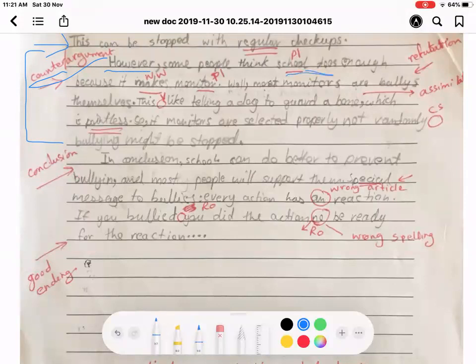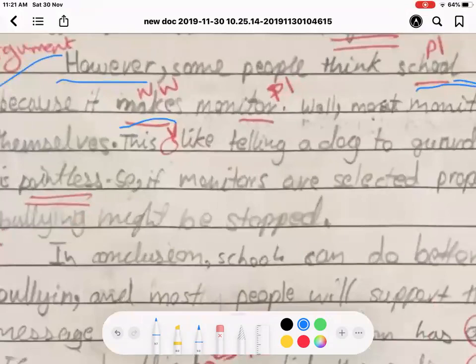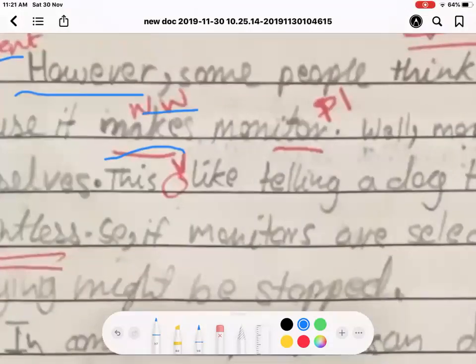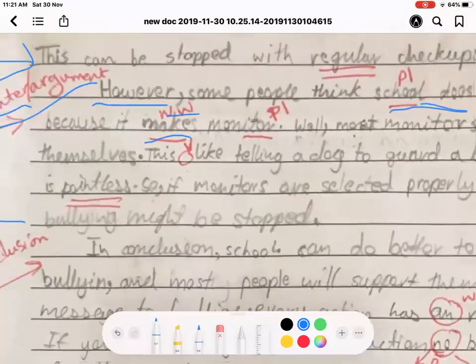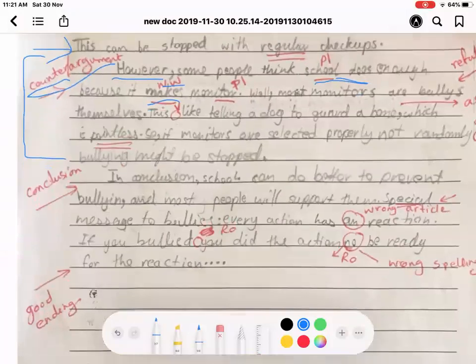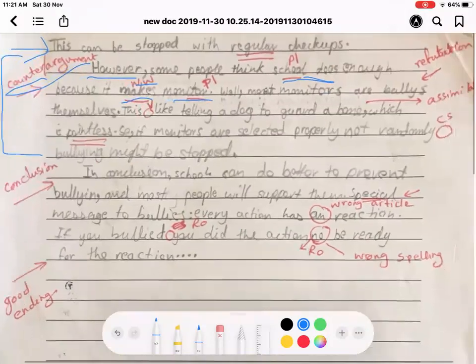So if you make it "schools should do enough because they make monitors", this is a wrong word. WW is wrong word here, so you should have said "selects monitors" or "has monitors" or "appoints monitors", and monitors should be plural, not singular. Next sentence.